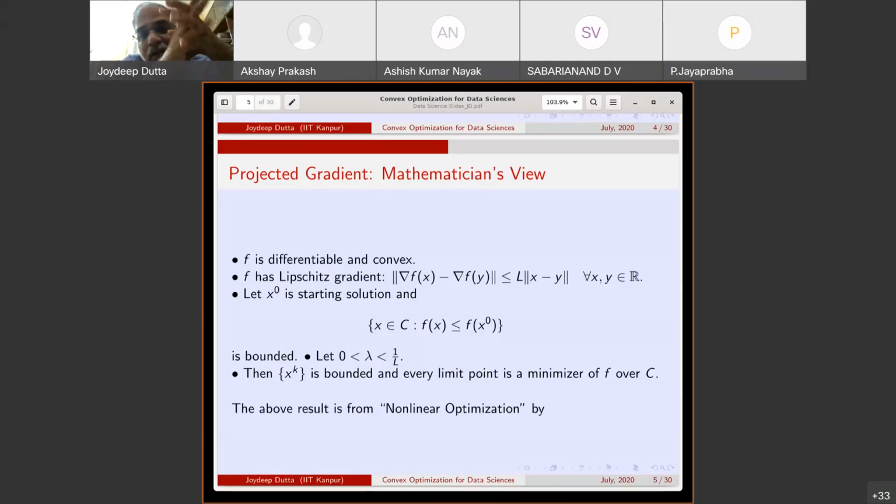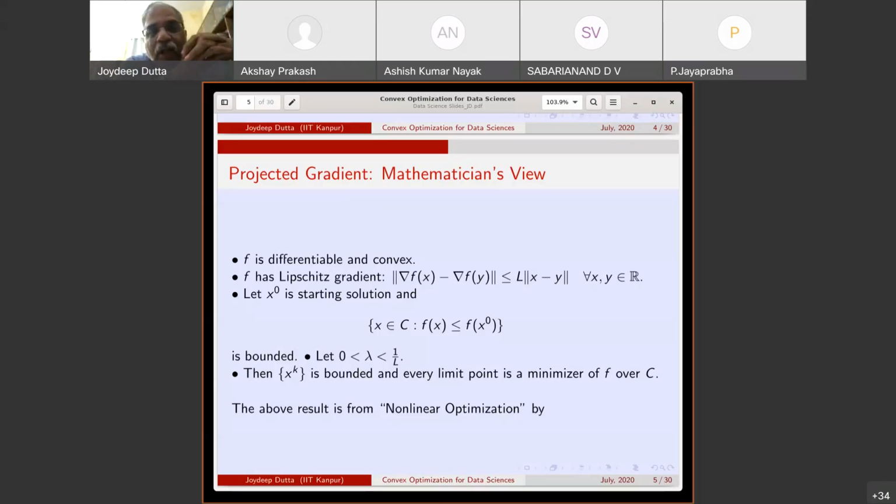If this set is bounded, and if I set my step length lambda, that you have seen in the previous slide, within 0 and 1 by L, then I can prove that the sequence xk is bounded, and every bounded sequence has a convergent subsequence. Any such convergent subsequence will hit a minimizer of the function f over C.